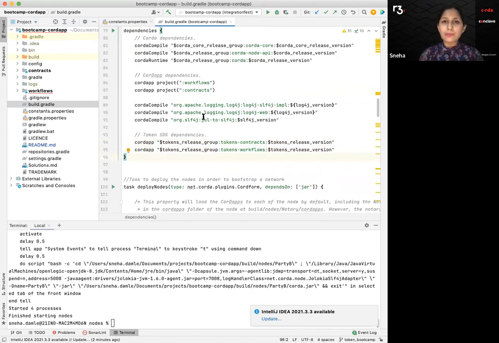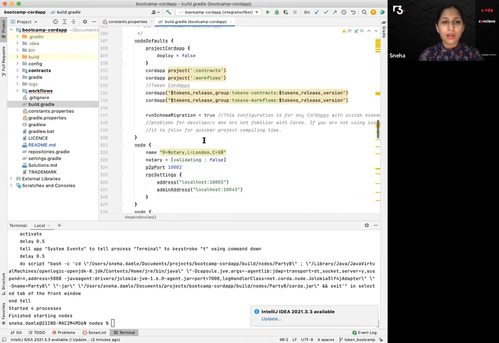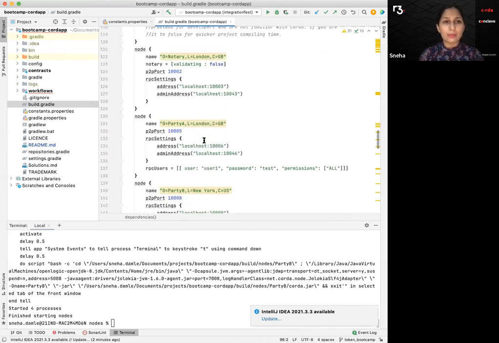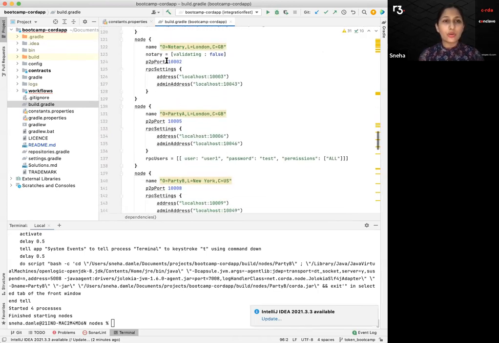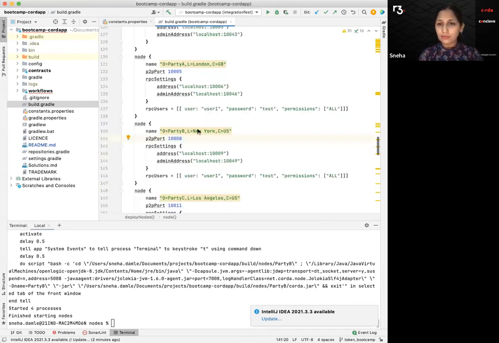Once you have defined these dependencies, just do a Gradle refresh, and that will pull all of the required dependencies for this Bootcamp Corda app. For this sample, I'm going to use these 4 nodes: one is the notary, and the others are party A, party B, and party C.